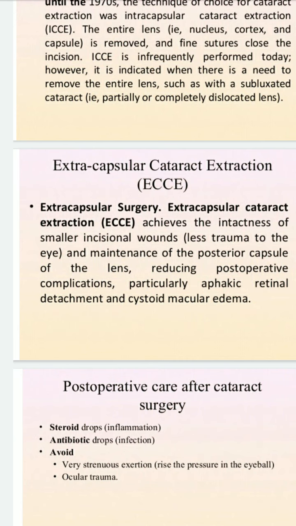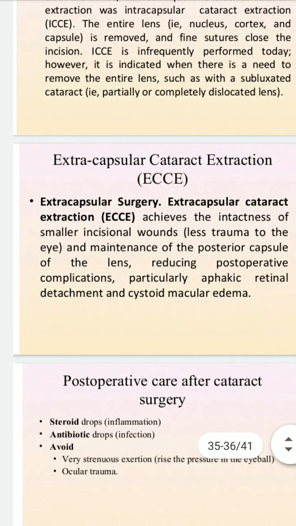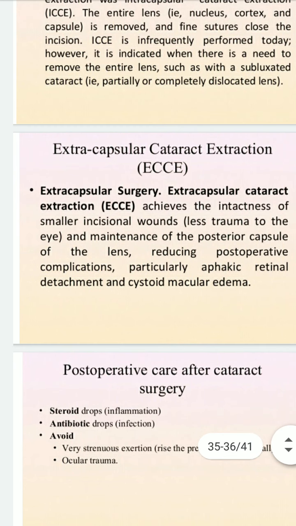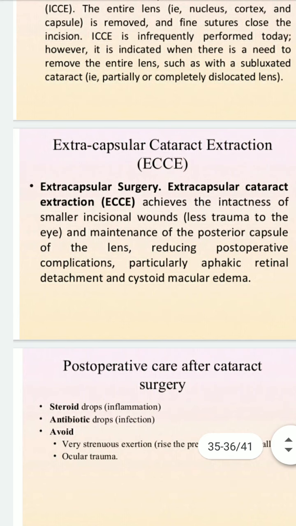After the pupil has been dilated, the surgeon makes a small incision on the upper edge of the cornea, and a viscoelastic substance or a clear gel is injected into the space between the cornea and the lens, and this prevents the space from collapsing and facilitates insertion of the intraocular lens. That's all about the extracapsular extraction.